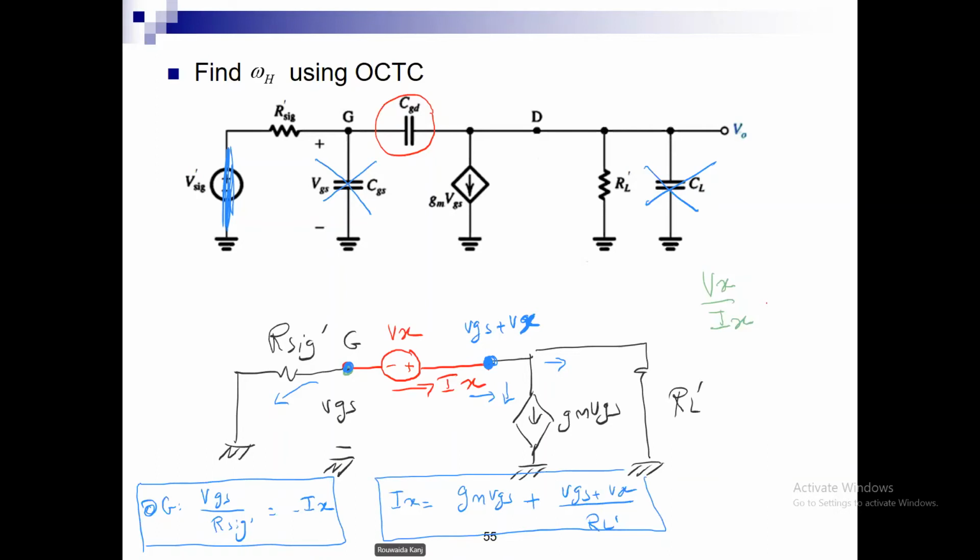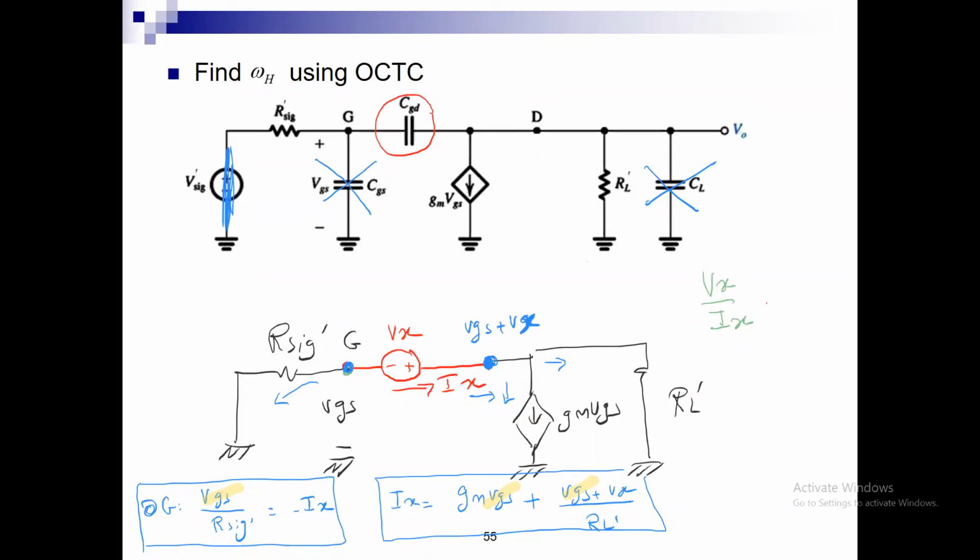What I can do is find a relation between VGS and IX. So this is easy. I can plug in VGS as a function of IX and replace it here. Then I will find the relation between Vx and IX.